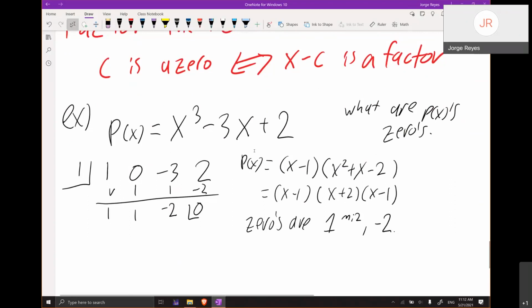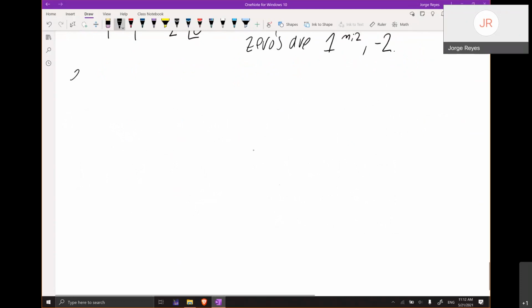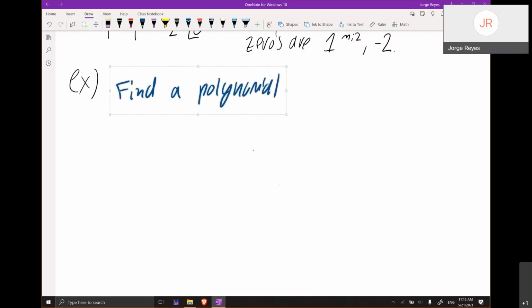Now, last thing in this section. It might be a homework question. It's not really a big deal, but you need to be able to kind of go backwards. This is how, for instance, I make test questions or homework questions. I have to ask myself, find a polynomial of degree whatever.